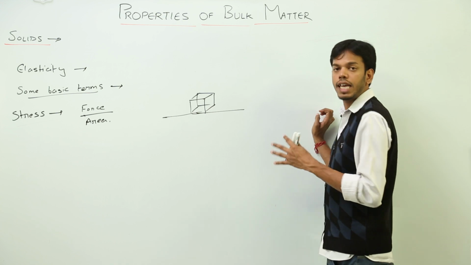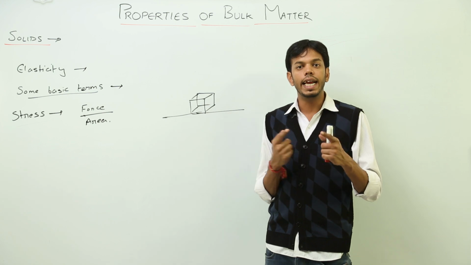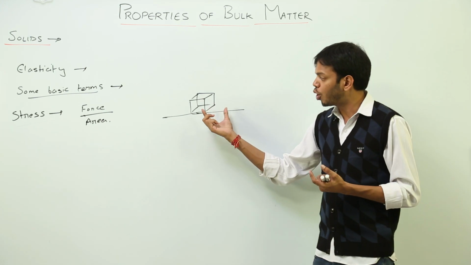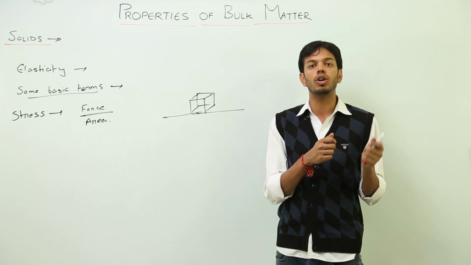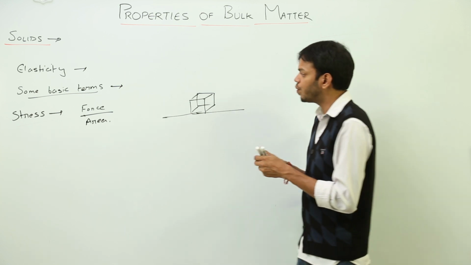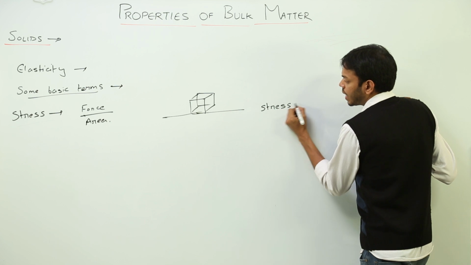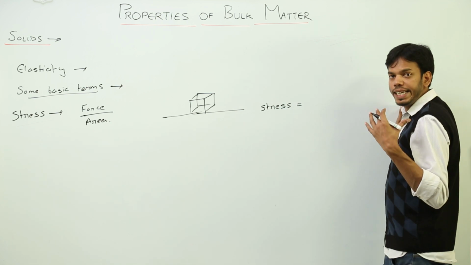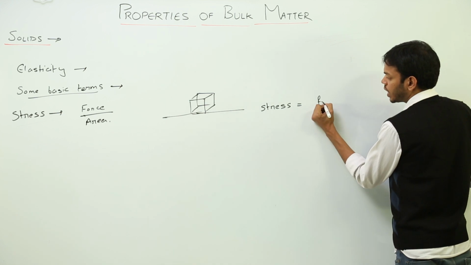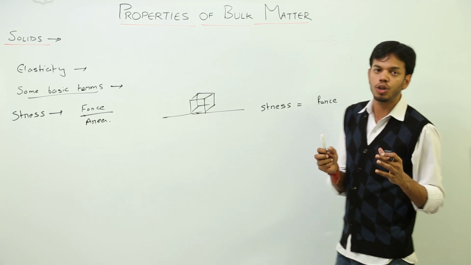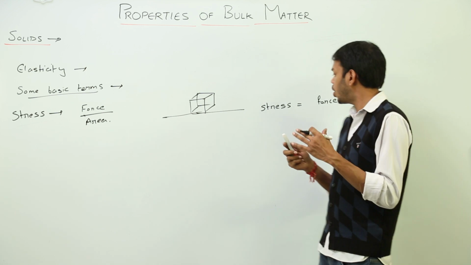Now when this process is happening, what we can see is that due to application of an external force, an internal force gets developed inside the body, which is pulling those atoms or molecules back to their mean position or original position, right? So that is where stress comes into play. This is called stress. Stress is the regaining force, right? The internally developed force which is trying to bring the atoms or molecules back to their original position.